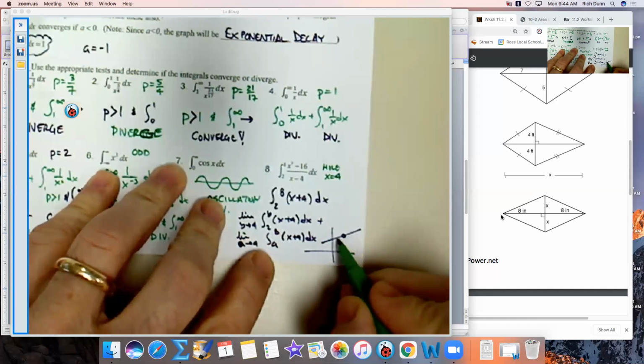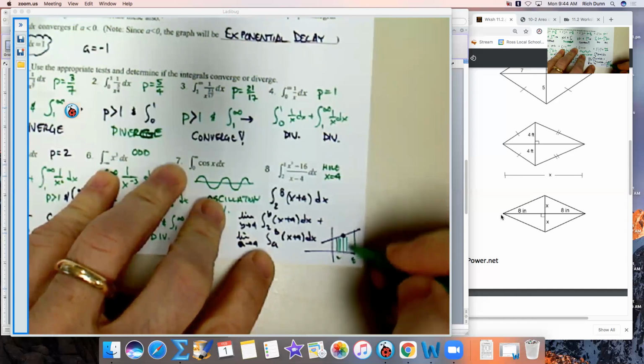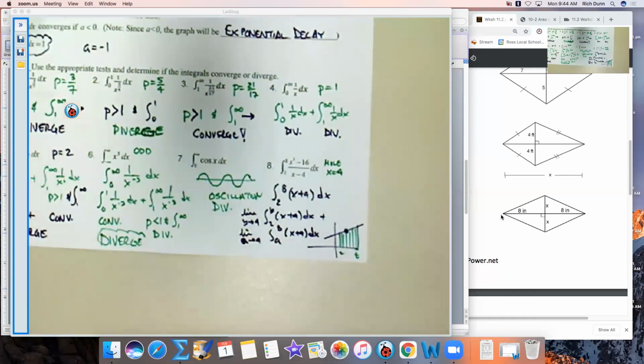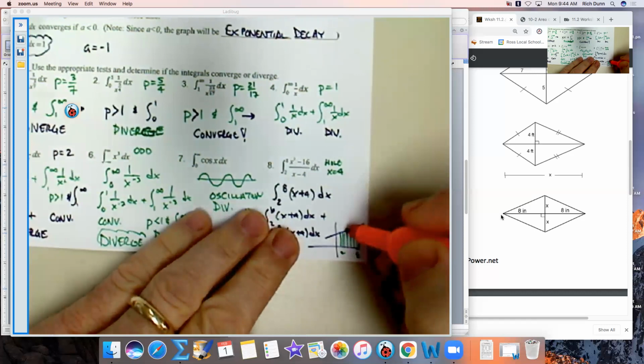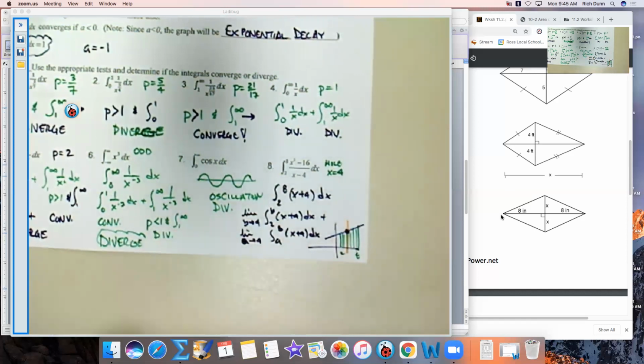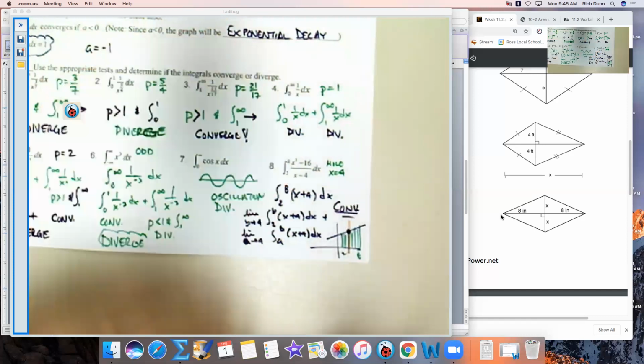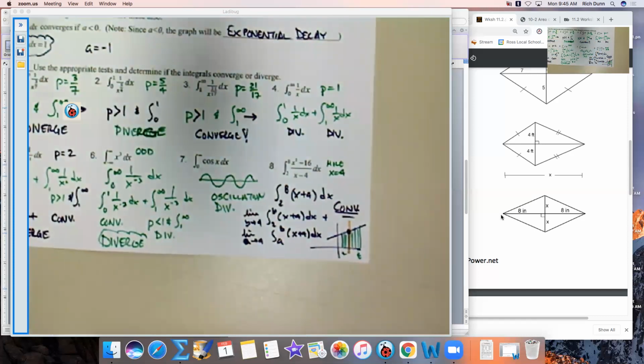We're integrating this from 2 to 8, and remember what we said about holes. Holes just result in one little sliver that's immeasurable, that we're undefined at, so therefore this will converge. No need to use my p-test or the e-test on this one.